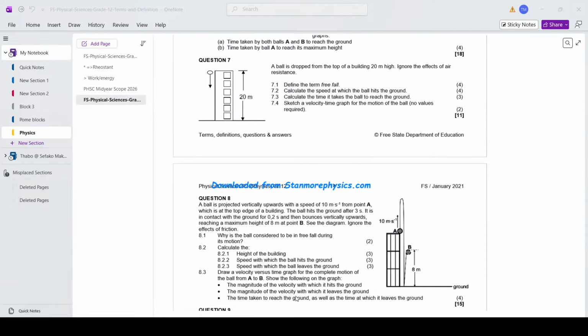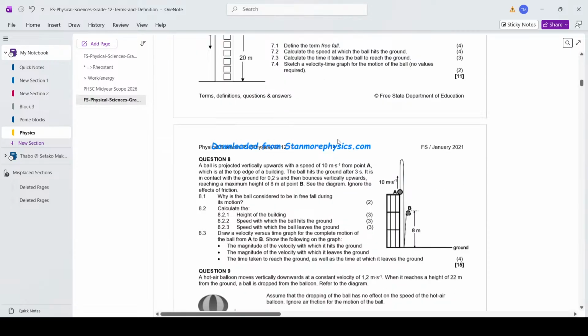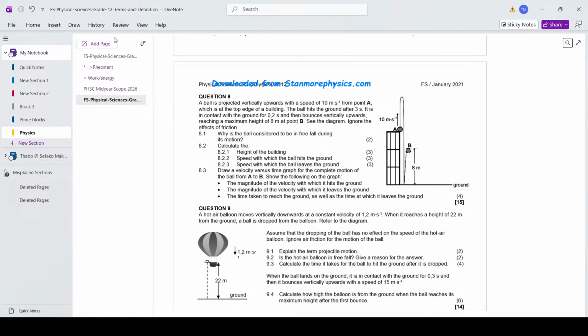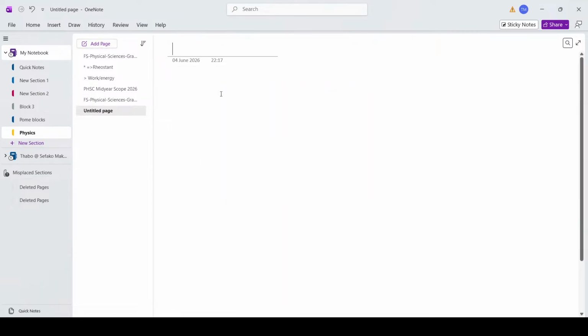This one is a grade 12, but usually on electrostatics they are the same. Some of them are more in 3D, but in your level you only do straight lines, the charges that are put along a straight line. But let me find this question paper.